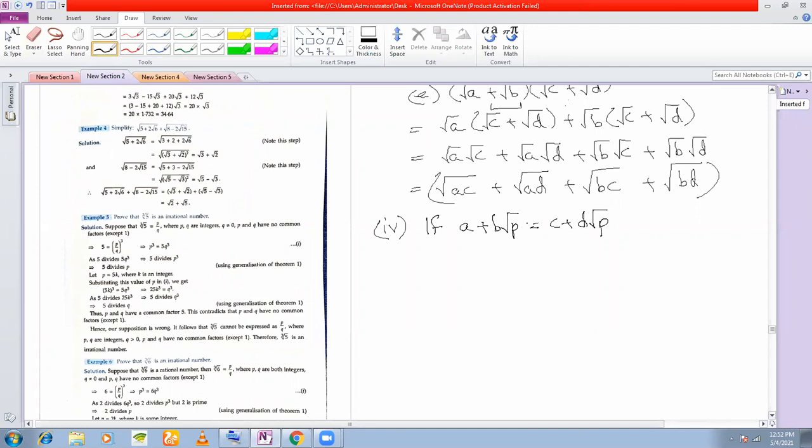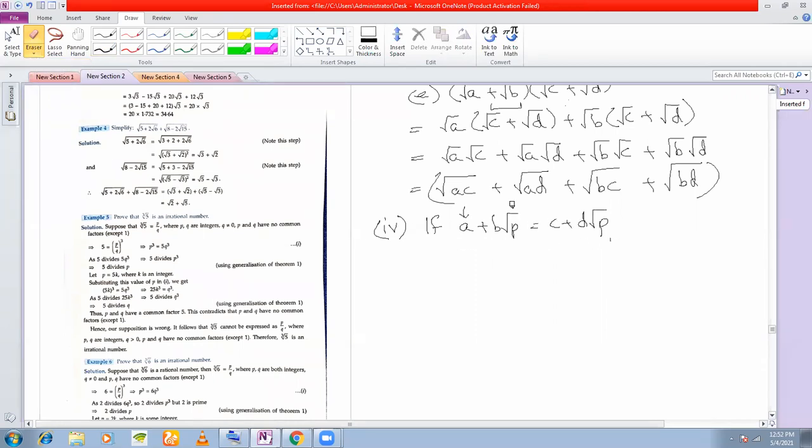Okay, a plus b root p, c plus d root p are irrational numbers actually. This is an irrational number, and this is also an irrational number because it has one rational number and one irrational number. So in total, it is an irrational number. Sum of a rational and irrational number is always irrational.